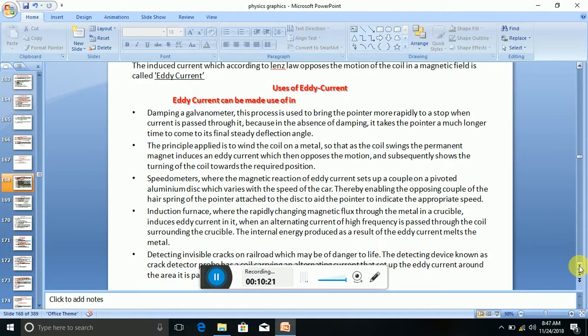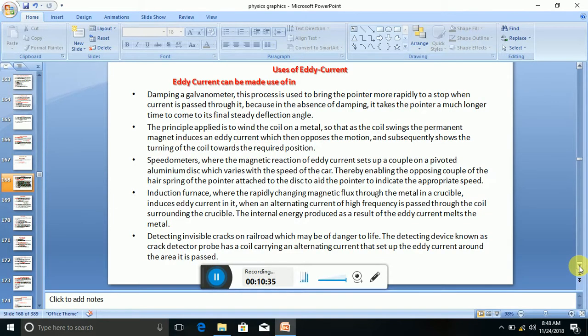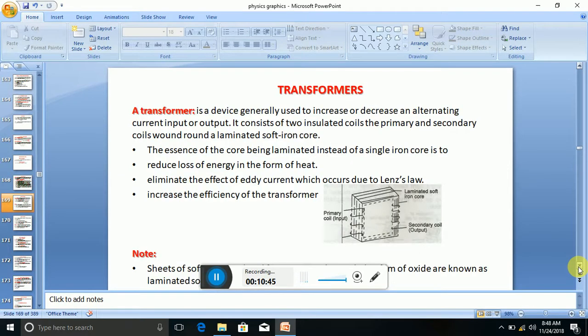It is also used in detecting invisible cracks on railroads, which may be of danger to life. The detective device known as a crack detector probe has a coil carrying an alternating current that sets up the eddy current around the area it is passed.